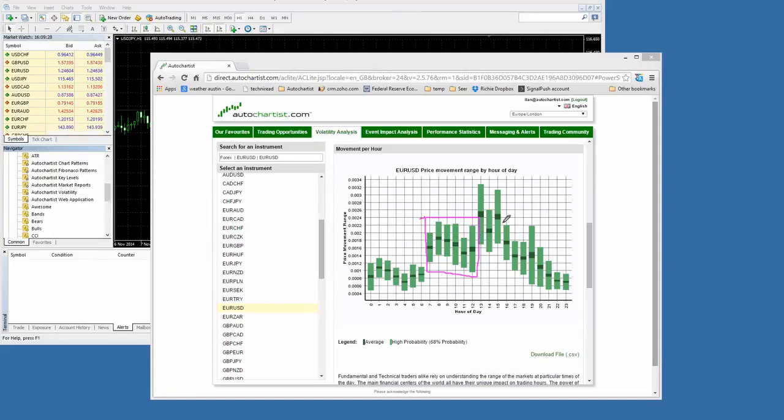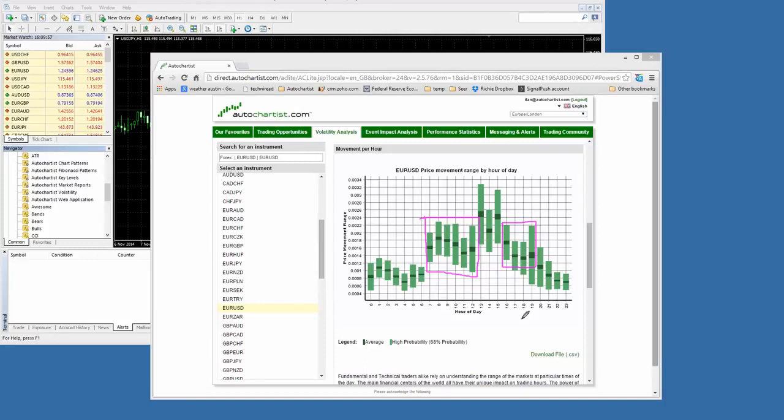Okay, so if you're trading between 7 a.m. and midday London time, or between 3 p.m. to 5 p.m. London time, you should be using approximately, I would say, if you're planning to only hold your trade for a short period of time, for 1 hour, you should be setting your stop losses at around 20 pips.